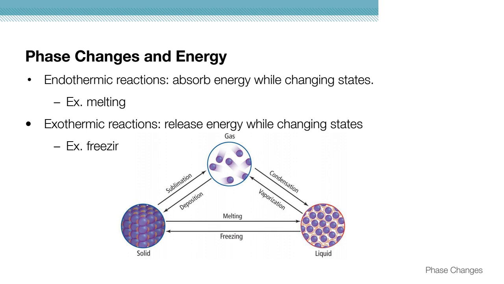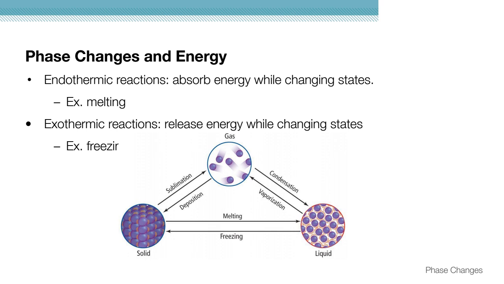So endothermic reactions are reactions that absorb energy, thermal energy, while changing states. Exothermic reactions release energy. So example of endo would be melting, example of exo would be freezing. I apologize for that typo there. It's just because the picture is kind of overlaying it again, like it was on the other slide.